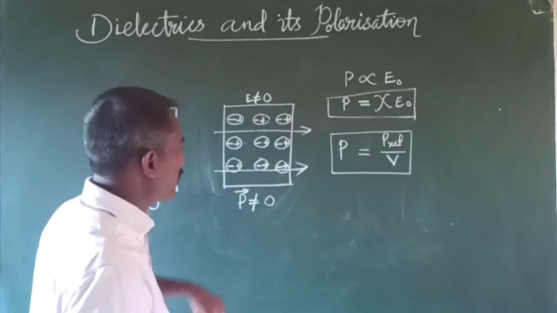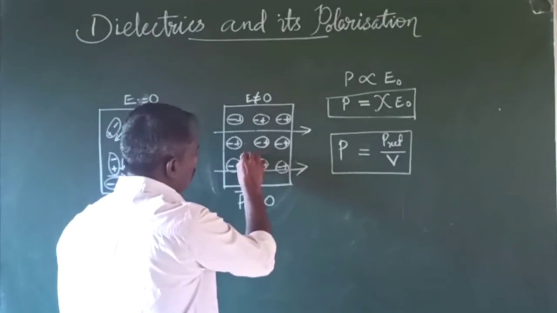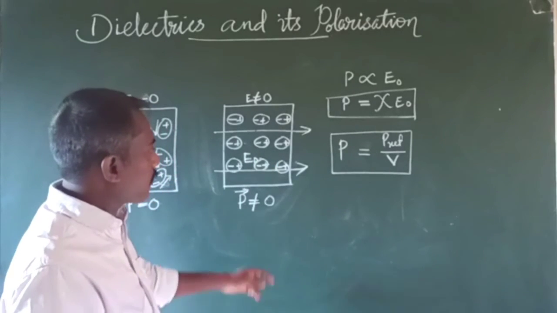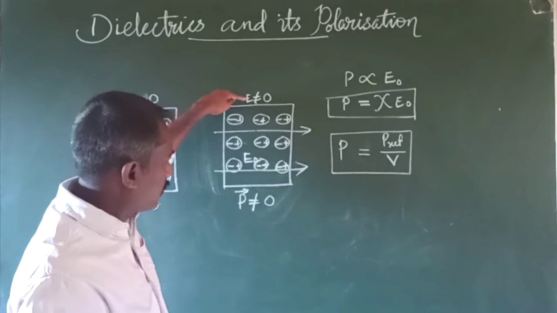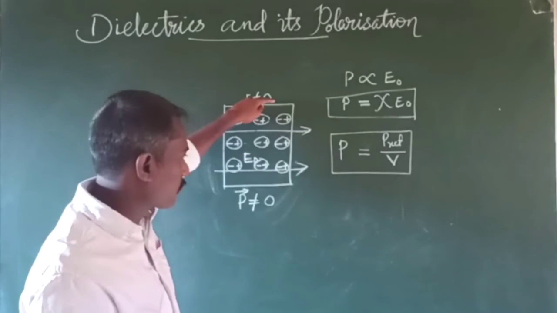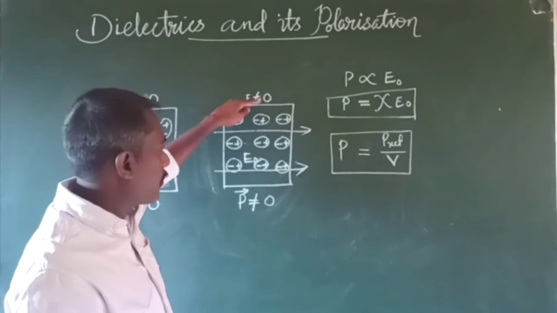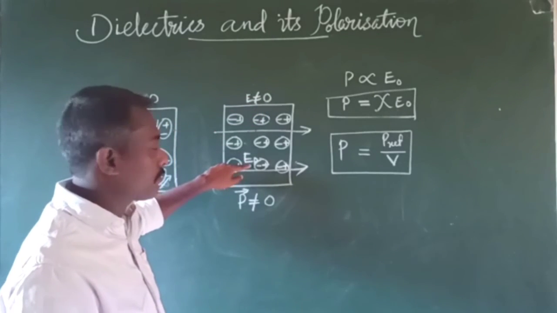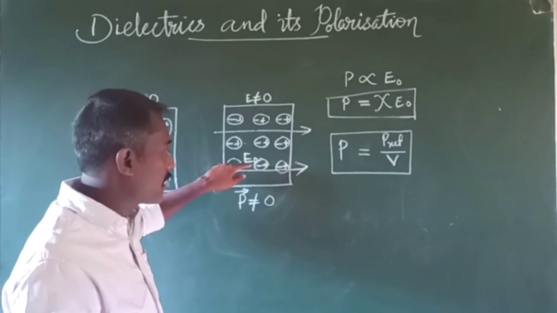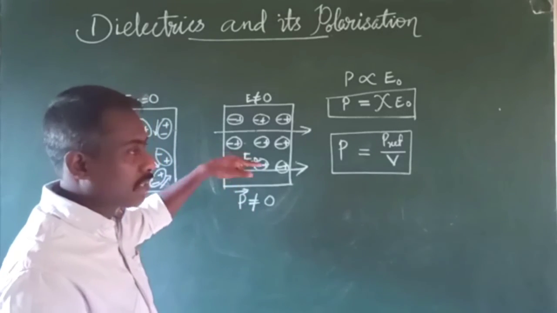That is denoted by EP. So when the strength of the external electric field is increased, what will happen to the internal electric field produced inside the dielectric? How can we calculate it?